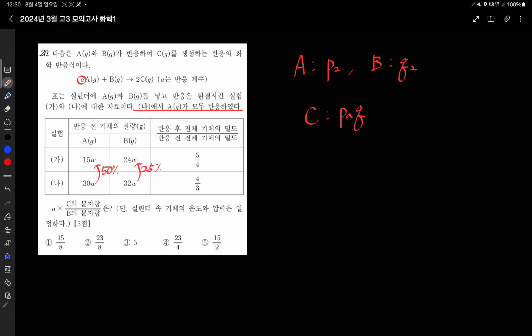And we compare the density of the gases before and after the reaction. And in both the experiments, the density after the reaction increased.